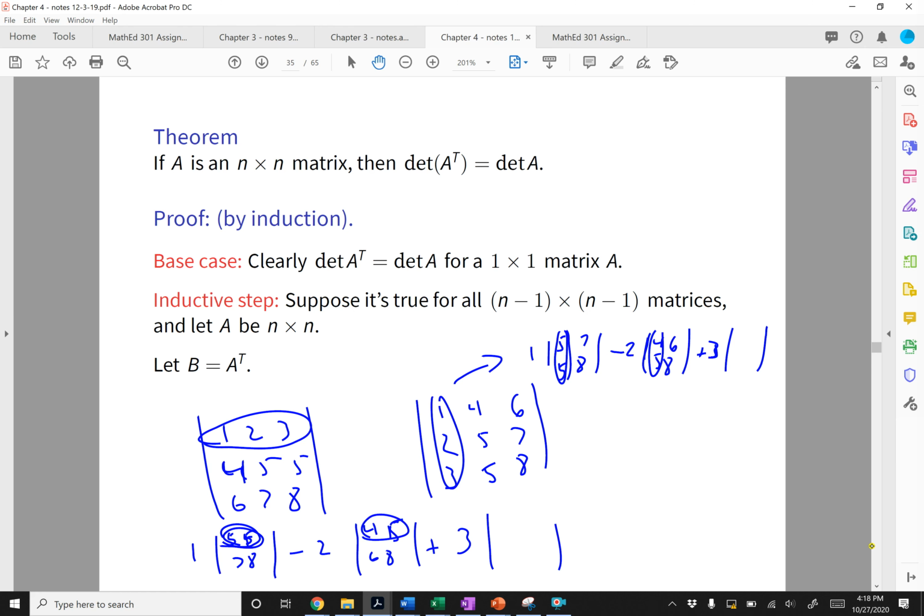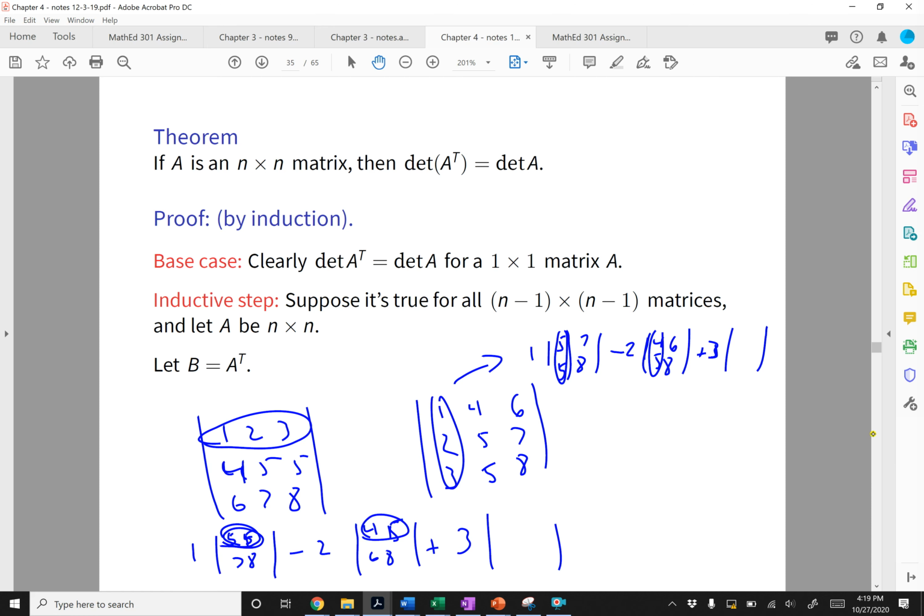As you go through, if you keep expanding along the same row or column, because the row in one is the column in the other, it doesn't matter which we pick in cofactor expansion. You'll end up with the same computations. So that's one way to think about that.